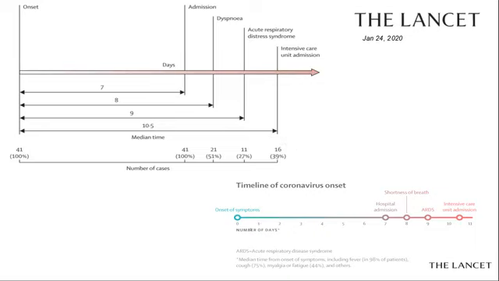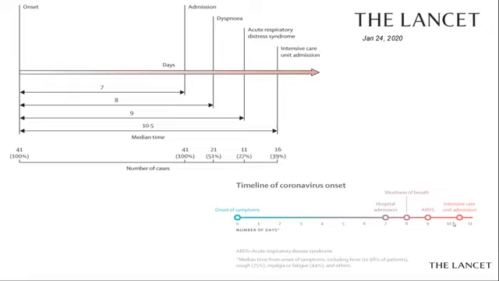If you look at this time slot, you can see that usually people get into the hospital within 1 week, and within a few days, like 4 to 5 days, they get pneumonia and go into ARDS really fast, and they might die.